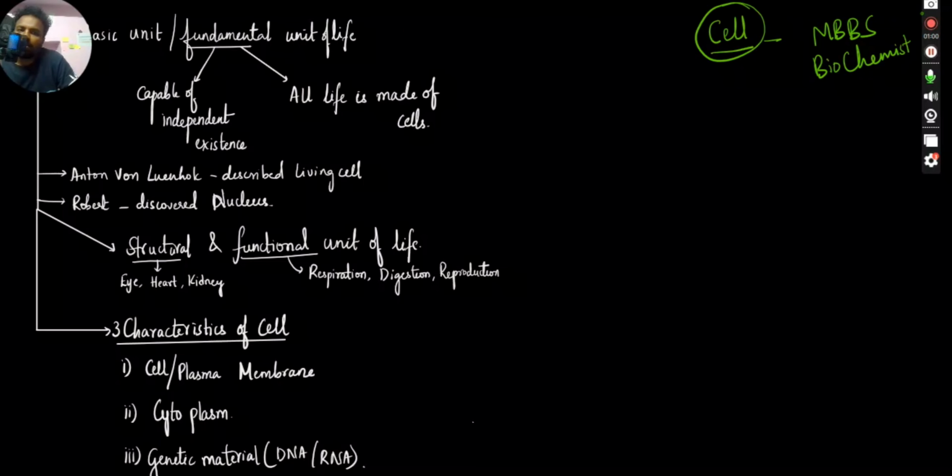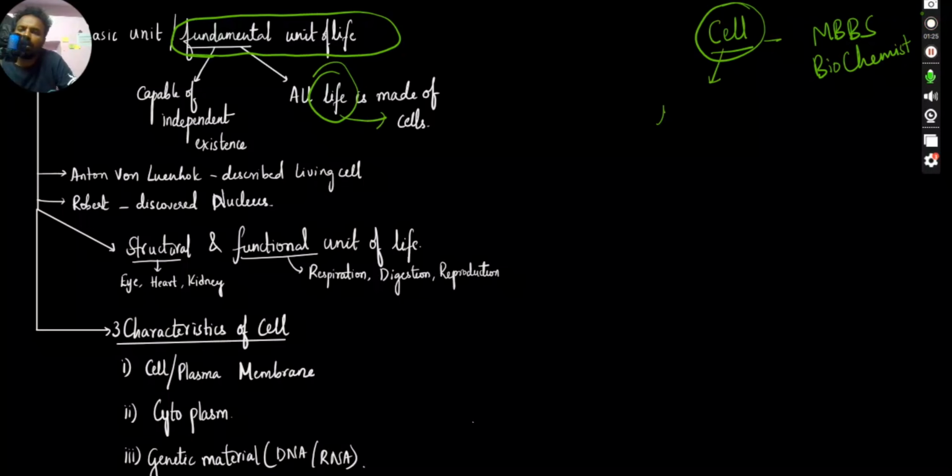So what is a cell? In physics, we say that everything in this world is made up of atoms. Every element in this world is made up of atoms. In biology, we say that the cell is the fundamental unit of life, or the basic unit of life. Why is it called the fundamental or basic unit of life? Because all the things which have life are made up of cells.